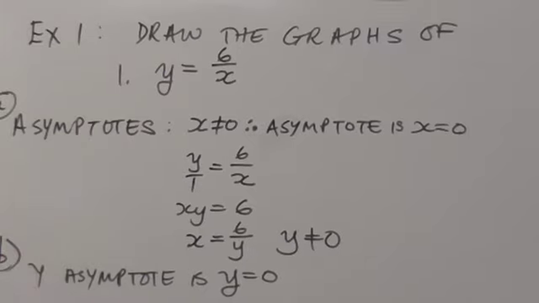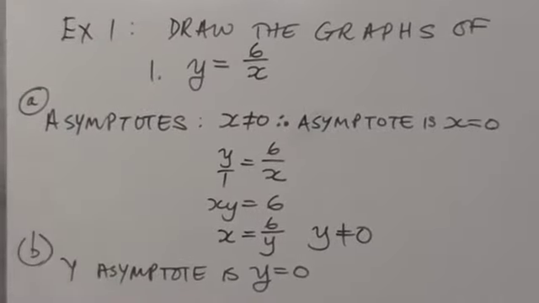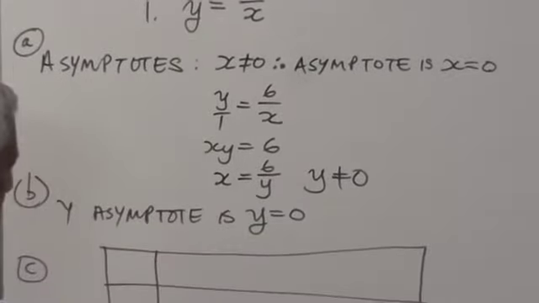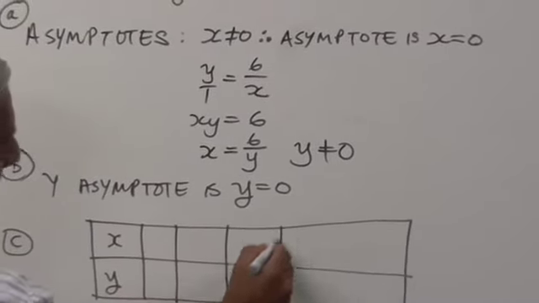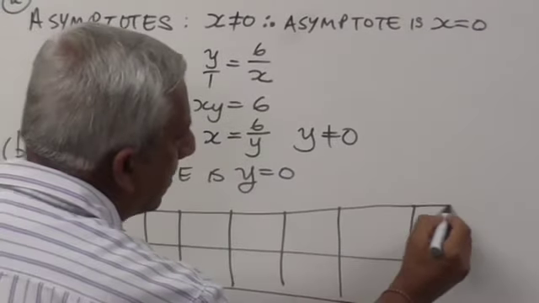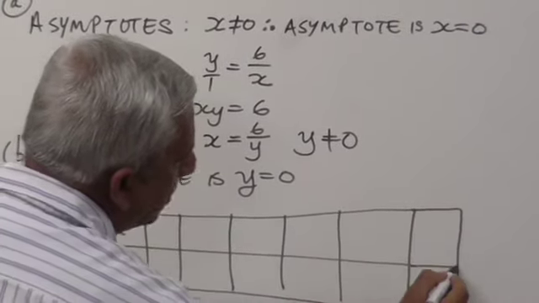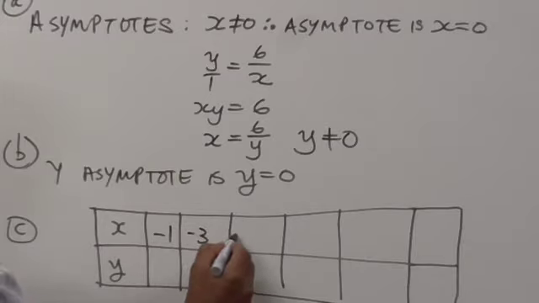Now we want to find the ordered pairs. I'm not going to do all the working with the ordered pairs, I'm just going to write the answers down, because by now you should be right. So suppose you chose -1, -3, -6.